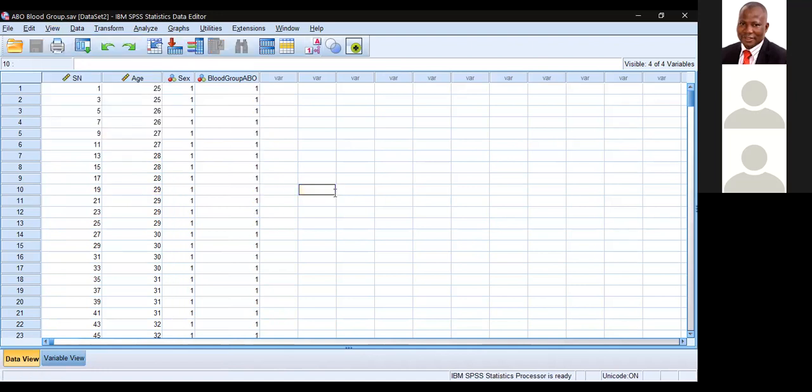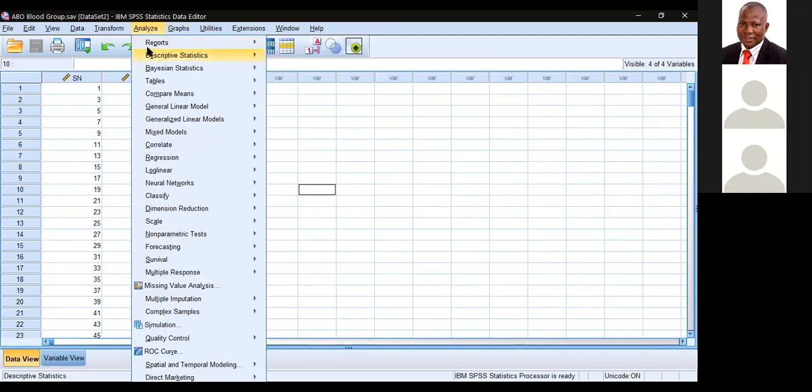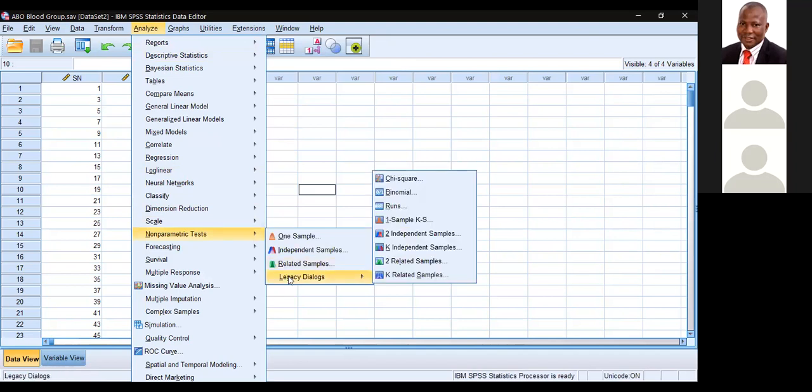Now go to analyze. Go to analyze. Go to non-parametric test. Legacy dialog. You see chi-square there.